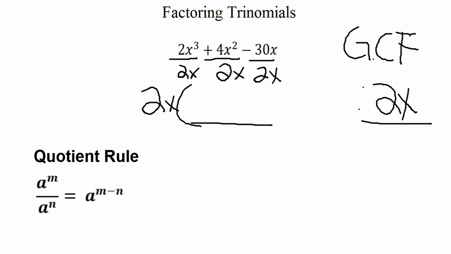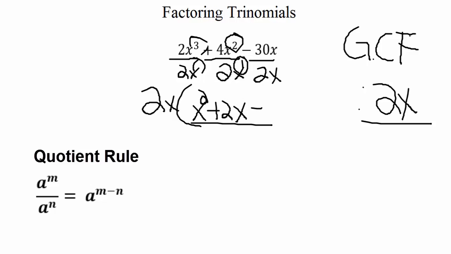X cubed divided by x, the quotient rule tells us to subtract exponents, so 3 minus 1 would give us x squared. Drop down our sign, we have a plus, so we would do 4 divided by 2, which is a 2, and x squared divided by x, so that's 2 minus 1, leaving us with x to the first power.